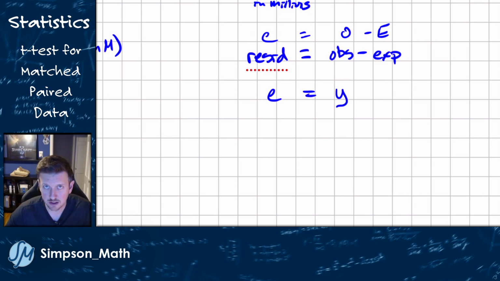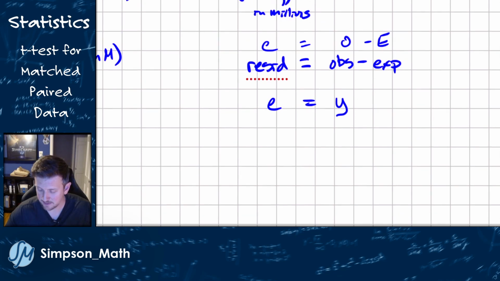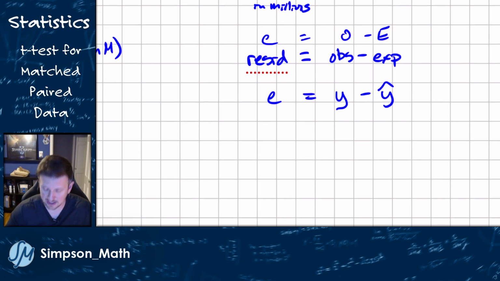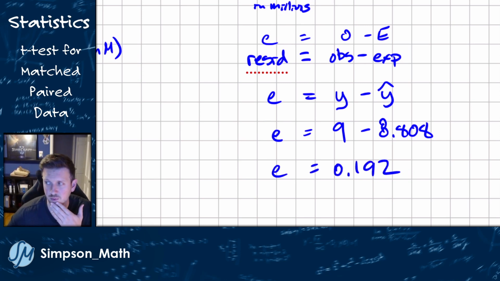A real Y. What's my expected? Or really my predicted? So it's my Y hat. So E is Y minus Y hat. So looking back at this problem, they actually got 9 wins, but we predicted 8.808. So if we do that subtraction, that's how we end up with a positive number, big minus small, and we get the 0.192.